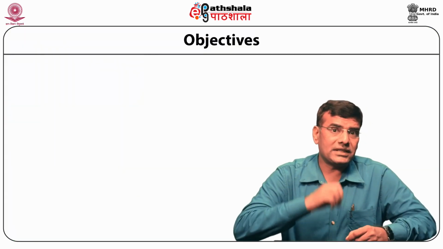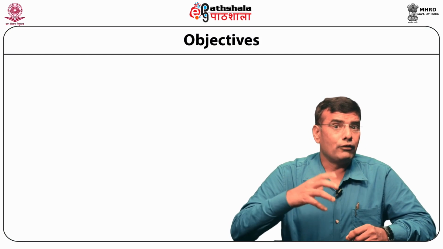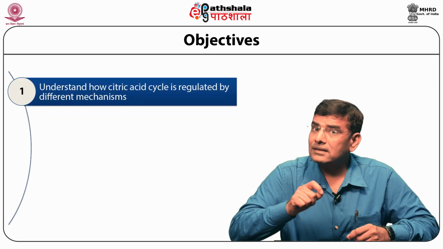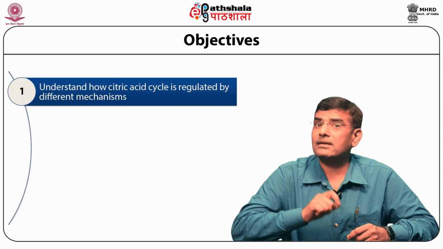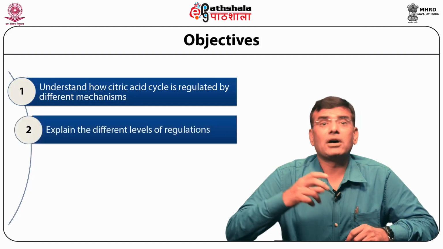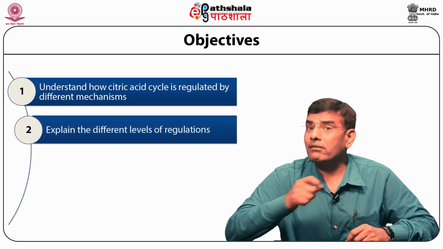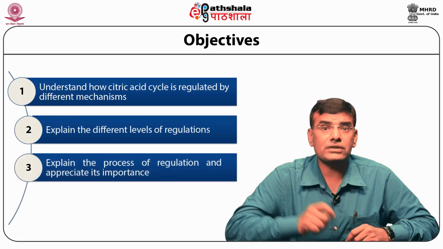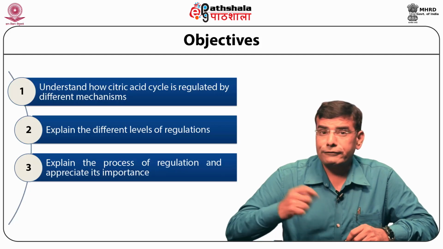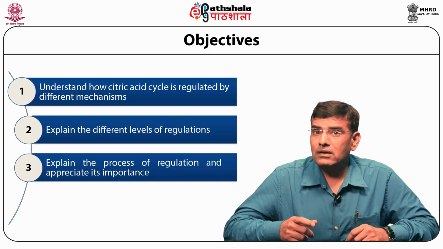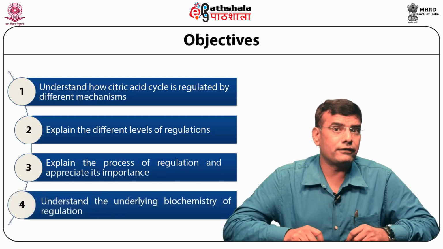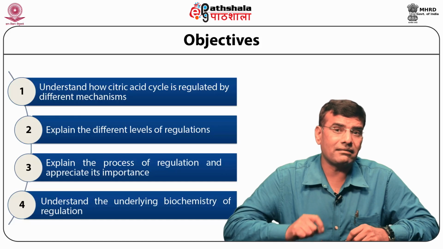Looking to the objective of this lecture, we will discuss how the citric acid cycle is regulated by different mechanisms. We will also discuss the different levels of regulation, the process of regulation and its importance. Further, we will explore the underlying biochemistry of citric acid cycle regulation.